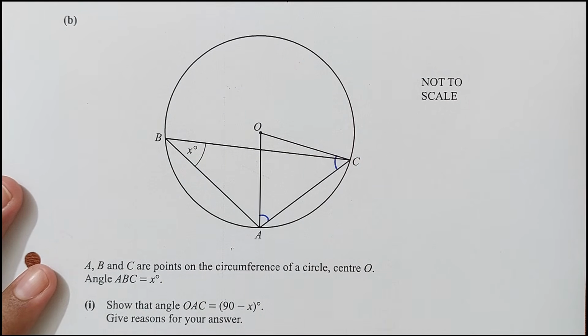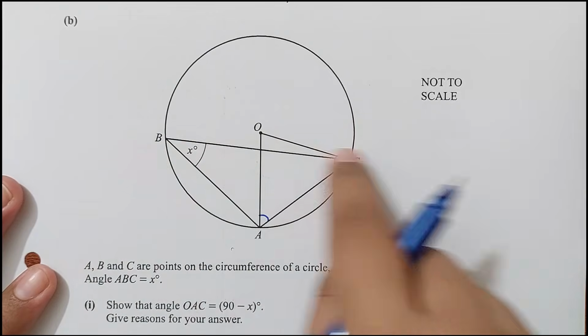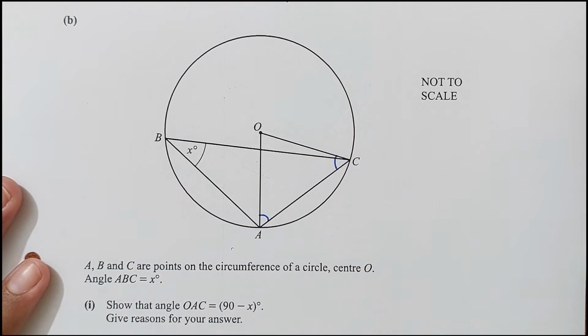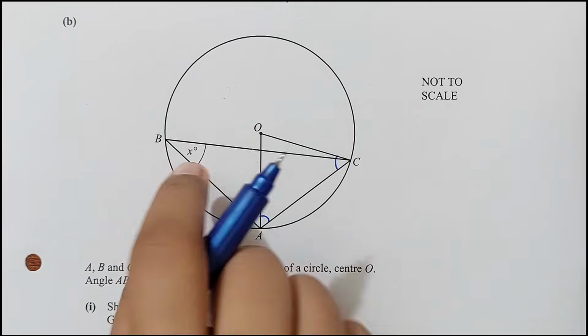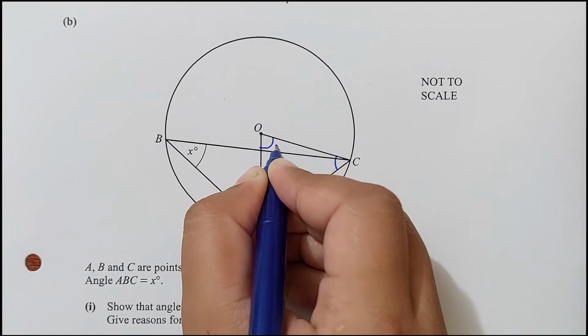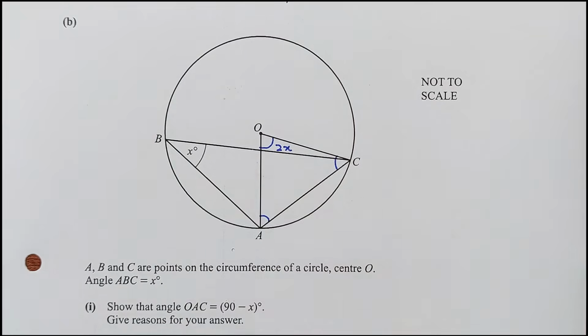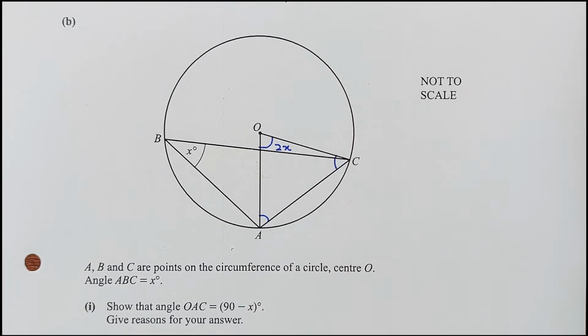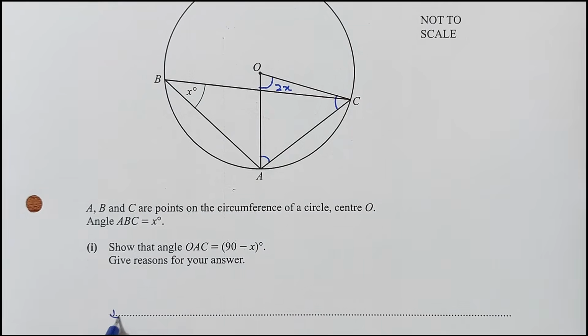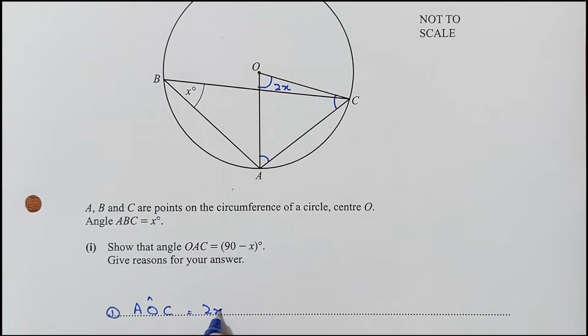Again, using the concept that the angle at the circumference is 2 times the angle at the center: the angle at the circumference ABC is just x, so the angle at the center AOC is equal to 2x.